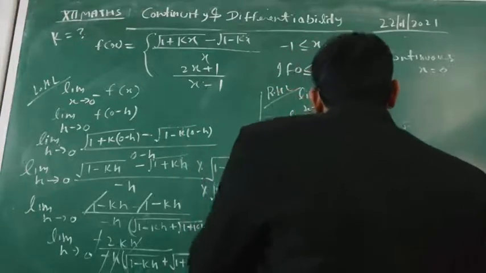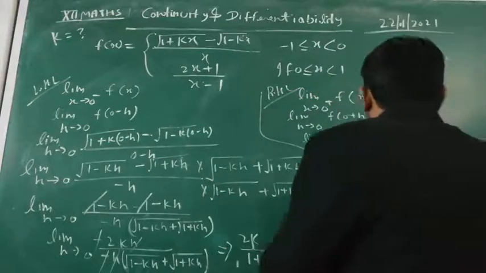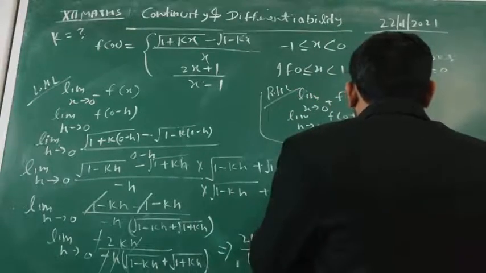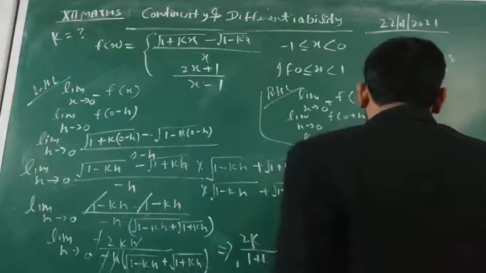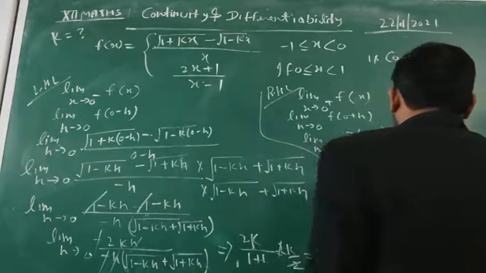Okay. Now we put the limit h is 0, so we get 2 plus 1 by minus 1. So this is minus 3. Okay student.